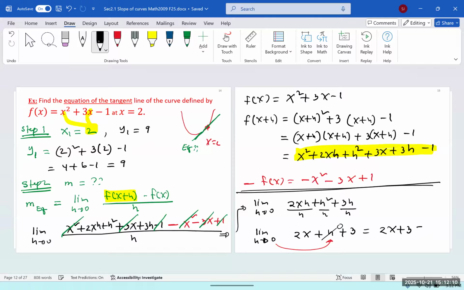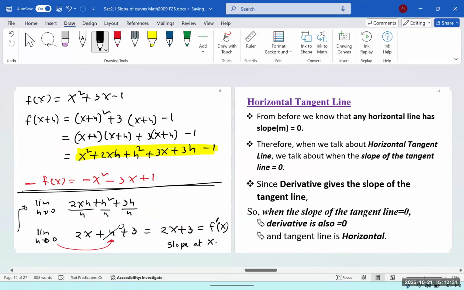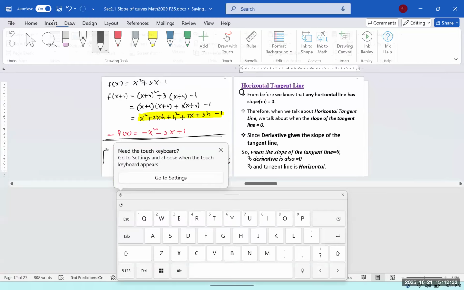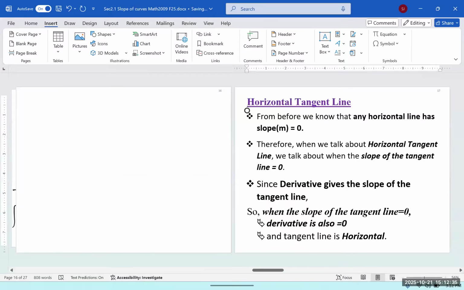This 2x plus 3 is the derivative at x, which is slope at x. But we are not looking for slope at x. We are looking for slope at what? X equals 2. So next, find out what's the slope at 2.